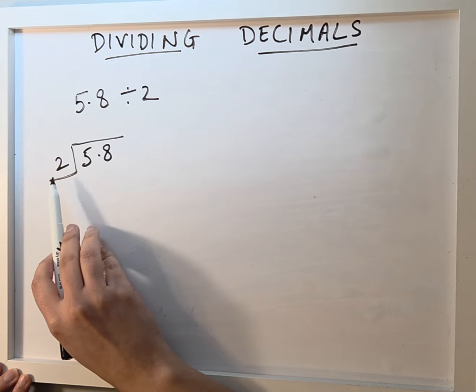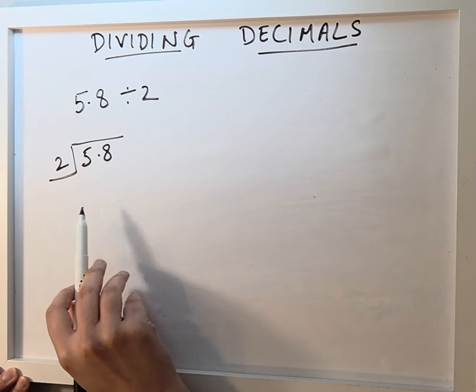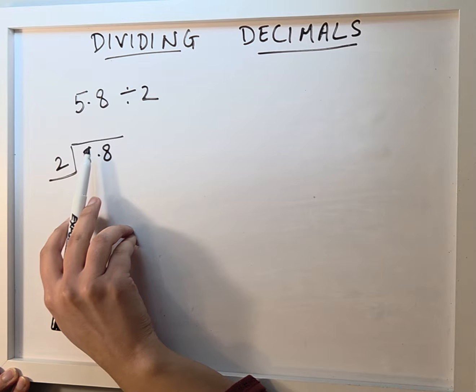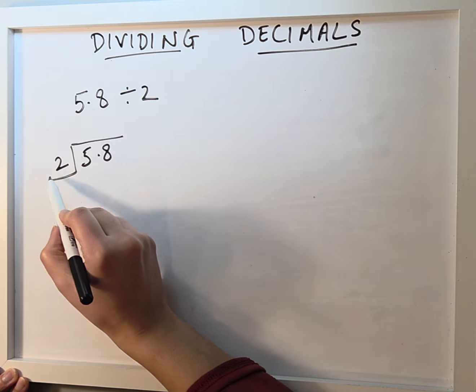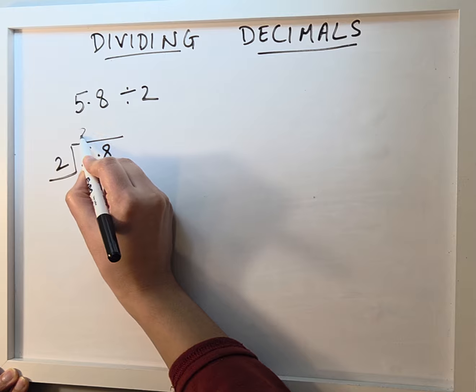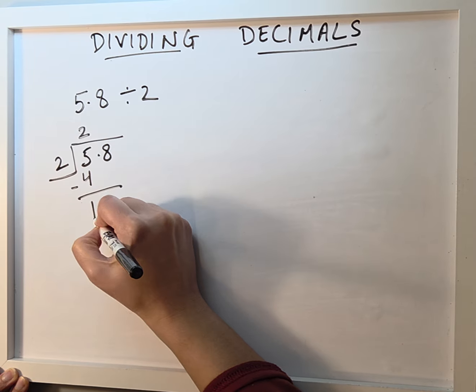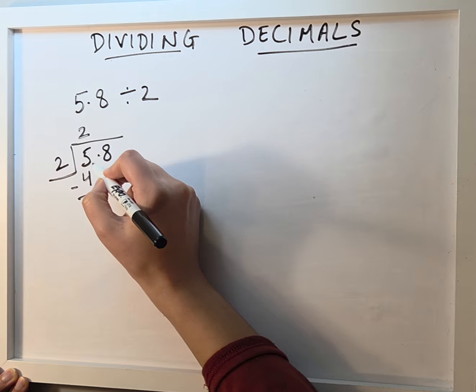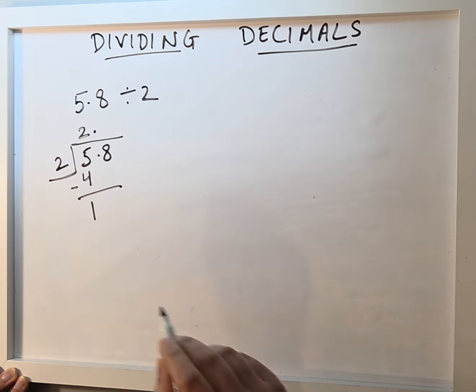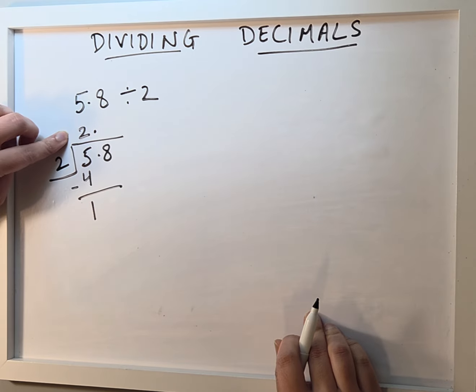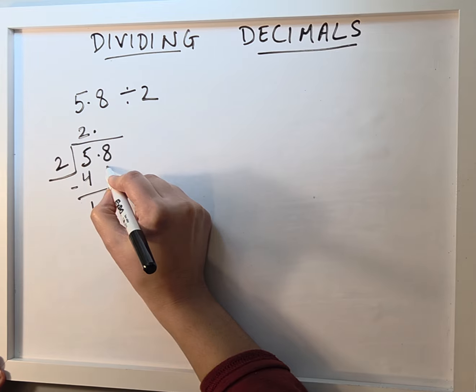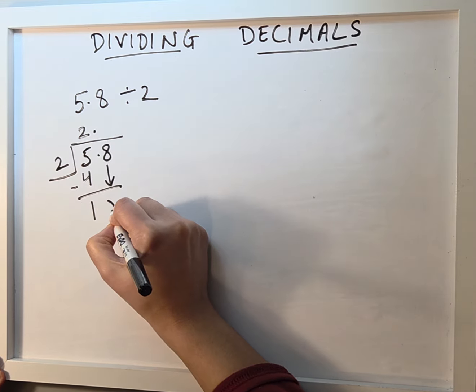So we can just directly divide the number and place the decimal at the correct place. So we have 2 into 2 is 4. So we subtract, we get 1, and then we have the decimal. So we place the decimal on top as well, and then we drop down the 8.